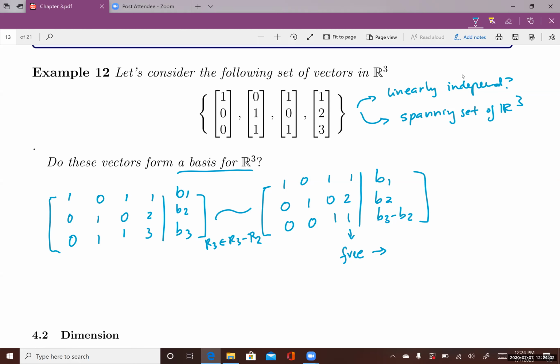That means the system is consistent. Okay. If the system is consistent, it means the set of vectors is a spanning set of R3. So it is a spanning set of R3.